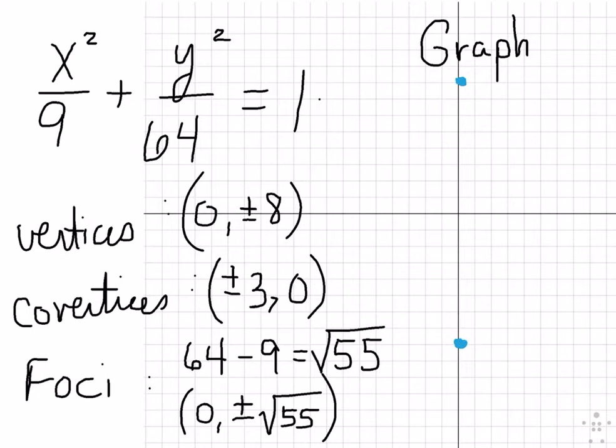I think I counted that right. Good. And then the co-vertices, 1, 2, 3 over, and 1, 2, 3 over the other way. Can you start to see the oval shape?